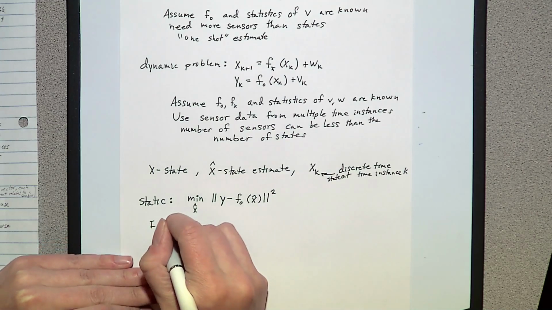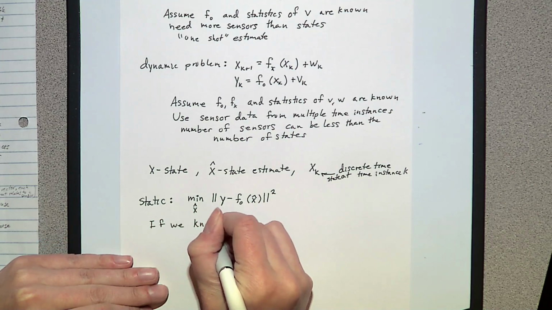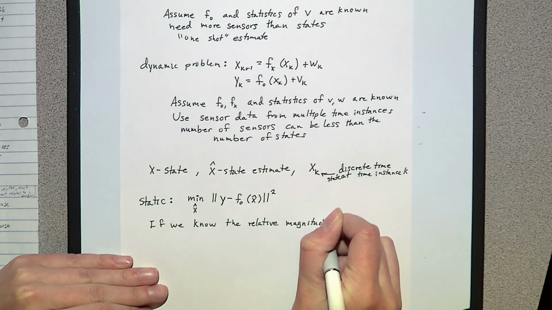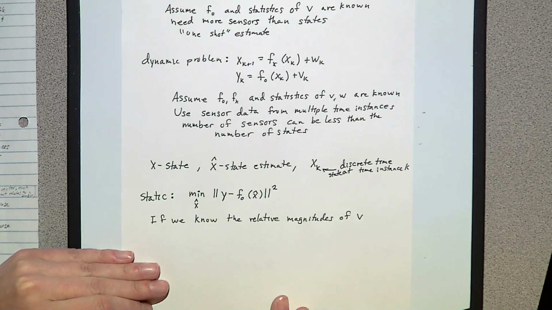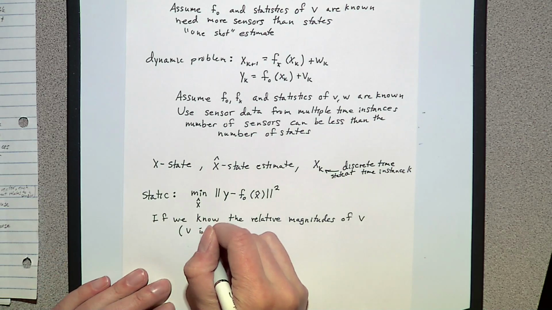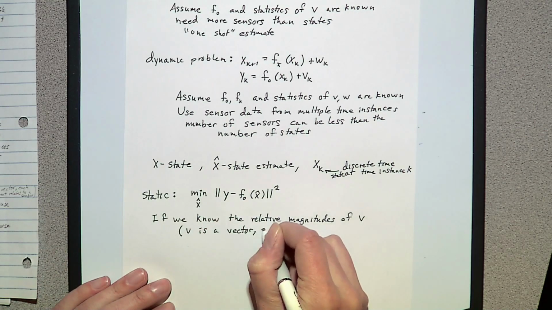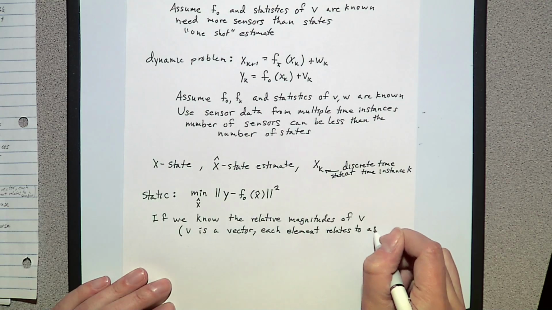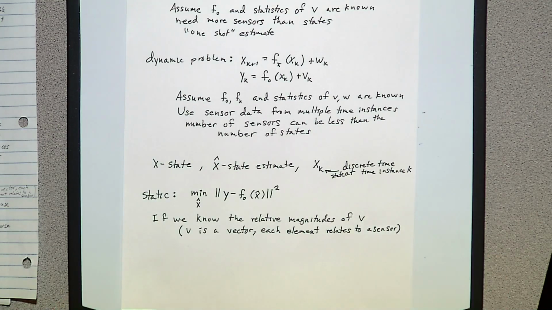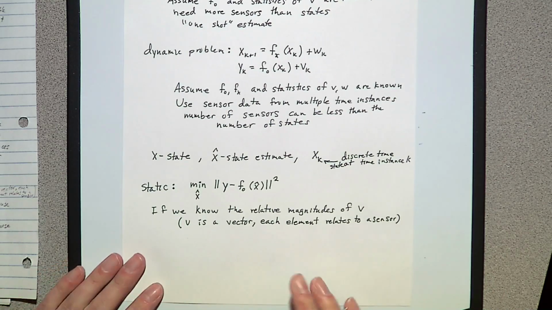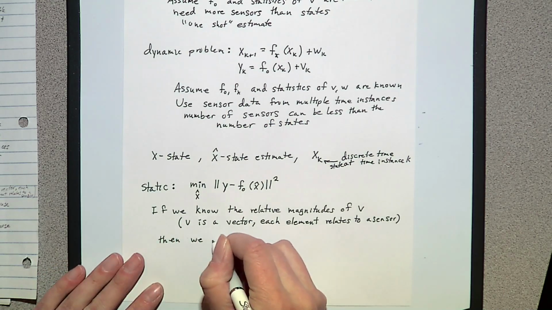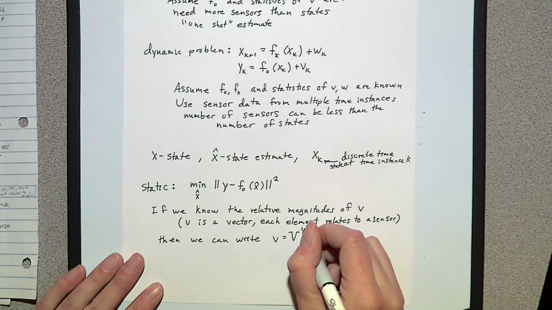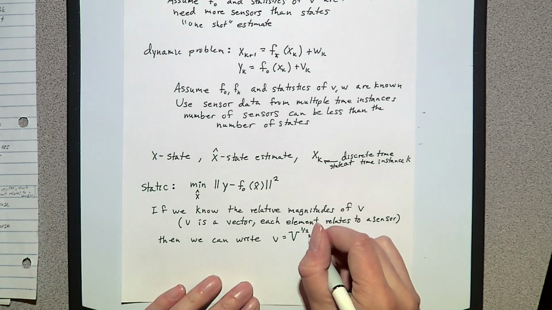So if we know the relative magnitudes of V, and so relative magnitude because V is a vector and each element relates to one sensor, then we could write B as this capital B, this matrix B^(1/2) Bn.